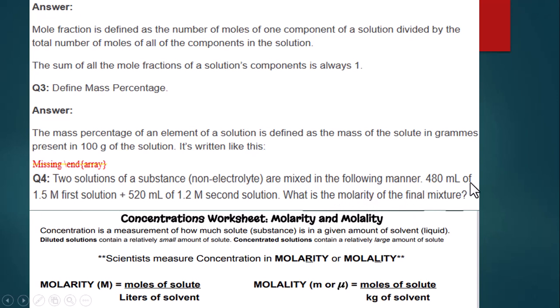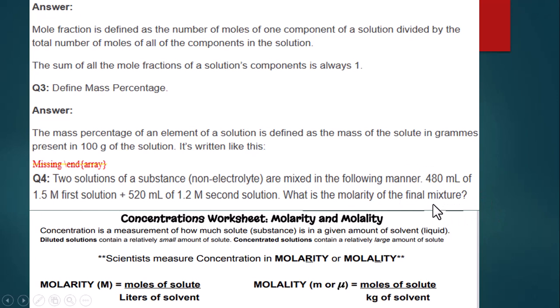In terms of adding the volume first, 480 and 520, and then adding 1.5 and 1.2, we are having a molarity of 2.7 per 1000 milliliters. So that will be the molarity of the final mixture.